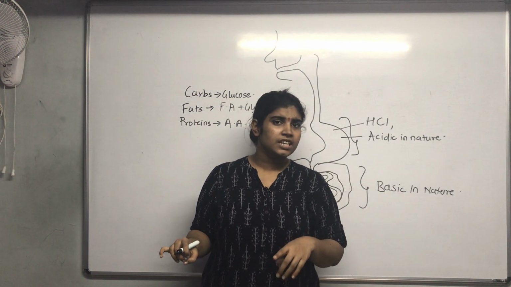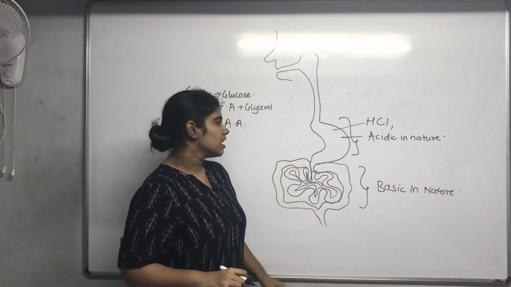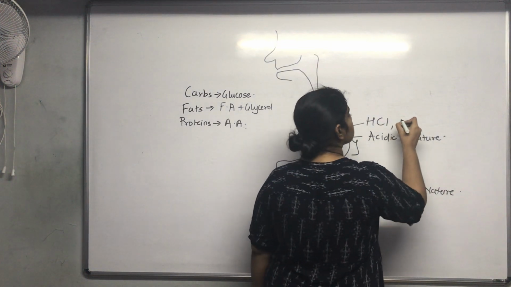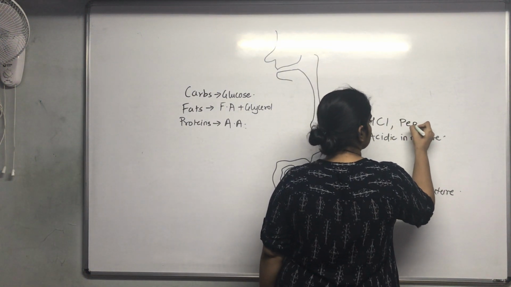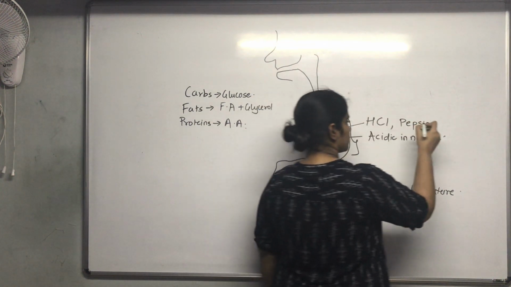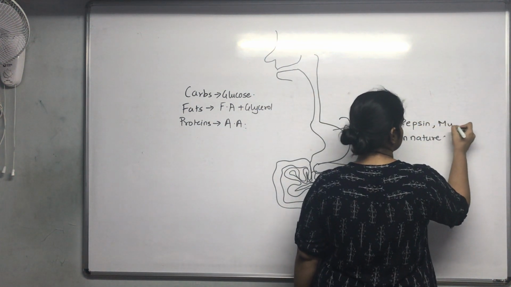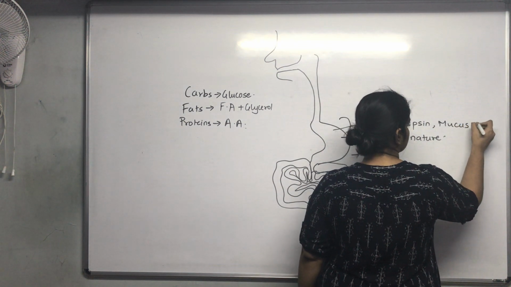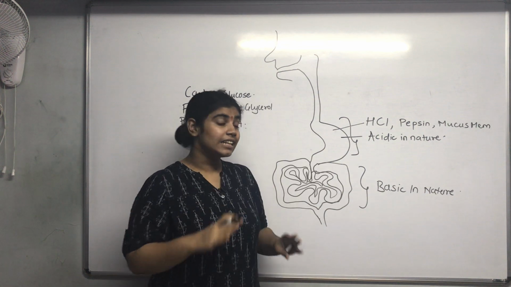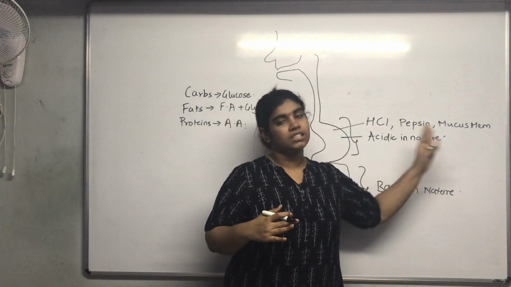Along with hydrochloric acid, there are various other substances. Let us take a look at that. Another substance is pepsin. Okay, and one more substance is the mucous membrane. Now I'll tell you all in detail what are the functions of these three.